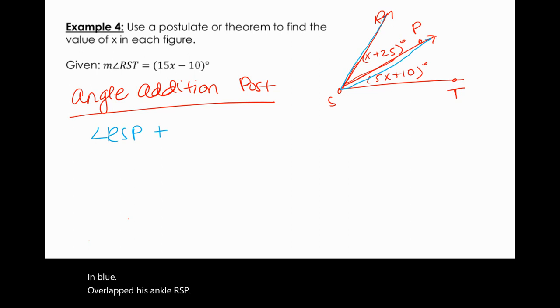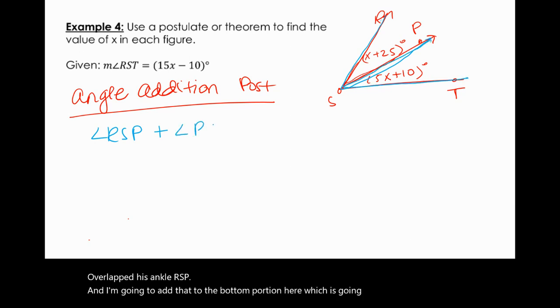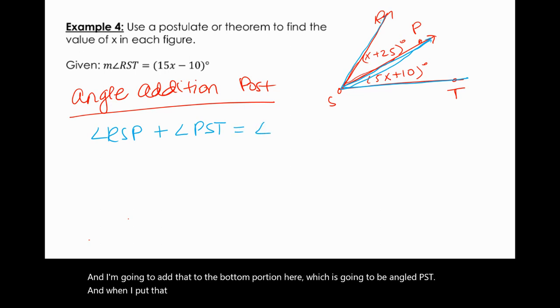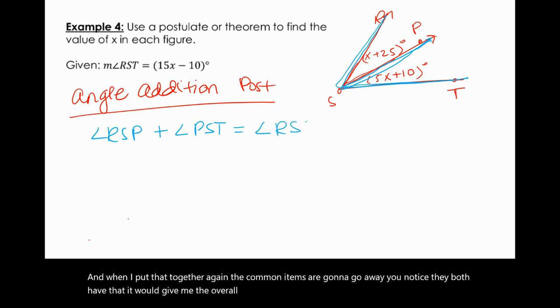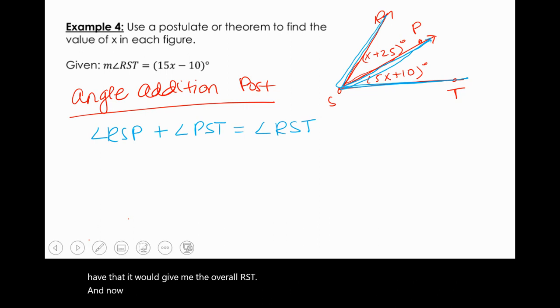I'm going to add that to the bottom portion, which is angle PST. When I put that together, the common items go away, you notice they both have that. It would give me the overall angle RST.